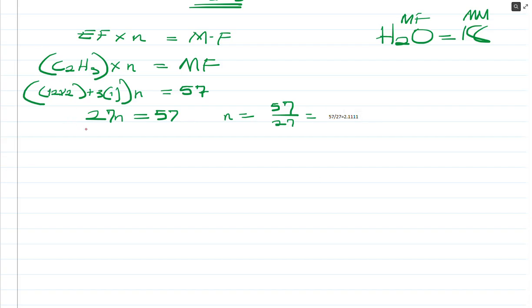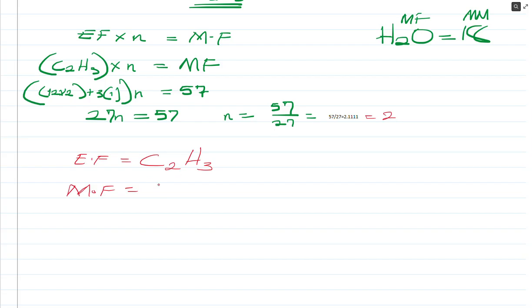So N equals 2. For the molecular formula, we remember the empirical formula equals C2H3. We just multiply the empirical formula by 2, because N is equal to 2.